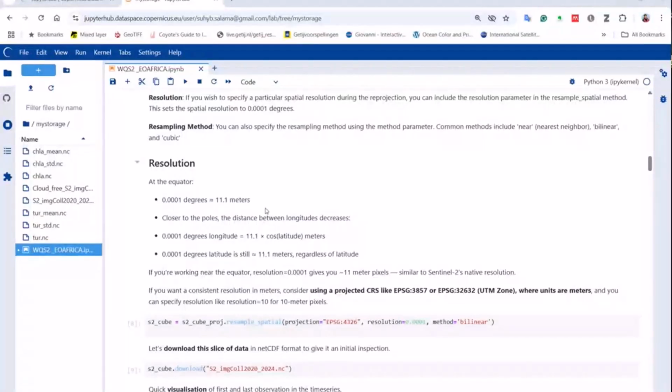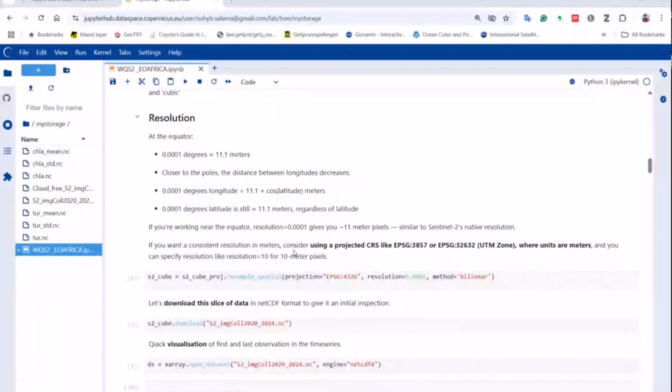But it's better to do that in a UTM projection system where you can define the resolution in meter and simply put 10 meter.